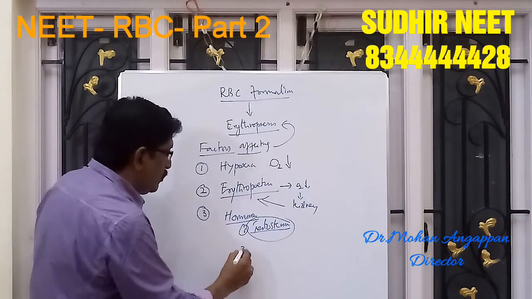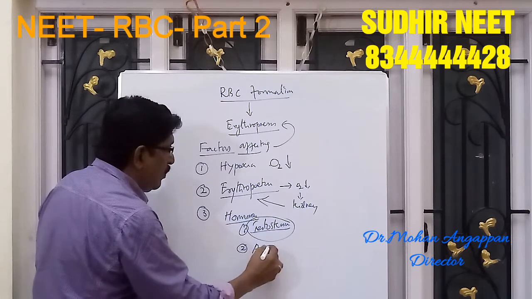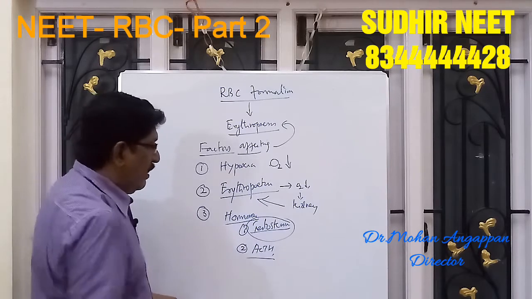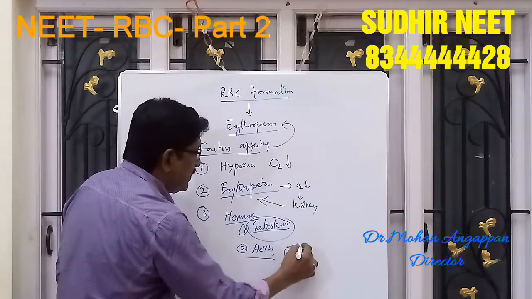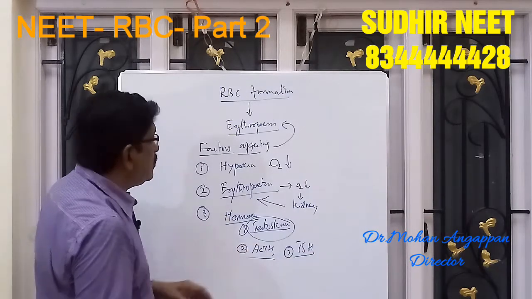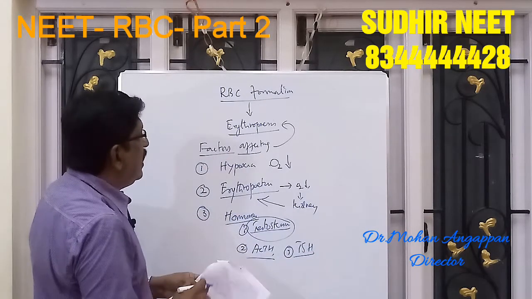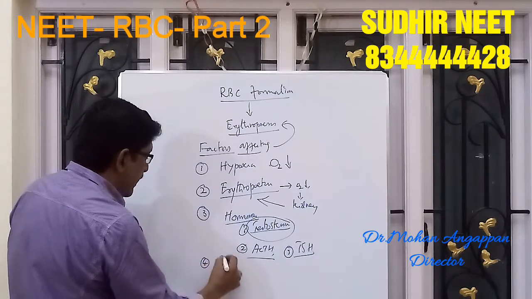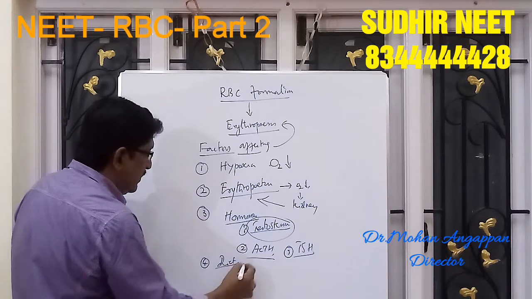And the other hormones, ACTH, adrenocorticotropic hormone, the hormone formed by the adrenal cortex, and TSH, thyroid stimulating hormone. These are the hormones affecting and increasing the process of erythropoiesis. And the 4th factor is the diet.